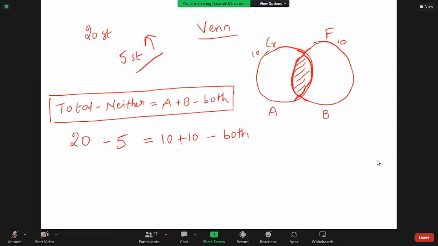A is the total value of set A. B is the total value of set B, minus both. In the models where we use this formula, we have 5 terms: total, neither, A, B, both. Out of these 5 terms, 4 will be given to us. You have to find out what is required. Then substitute values for the remaining terms, and we get the answer in one step.